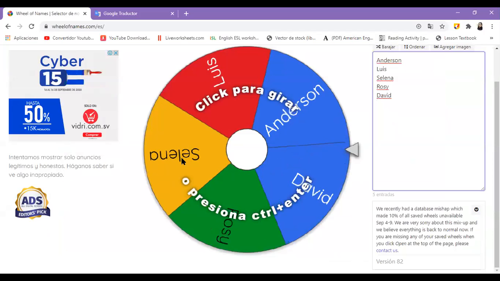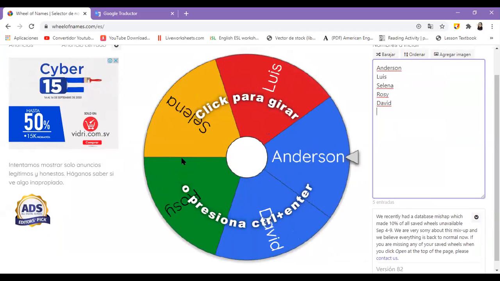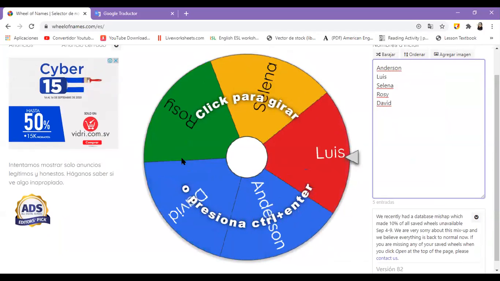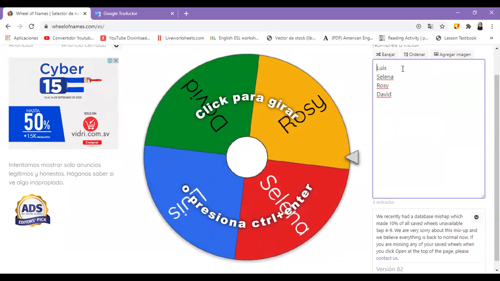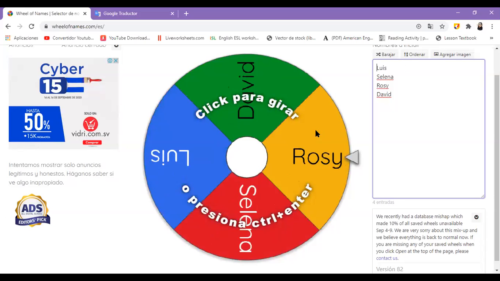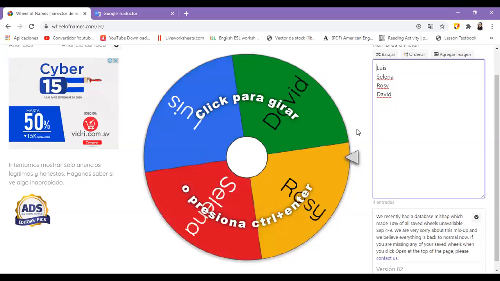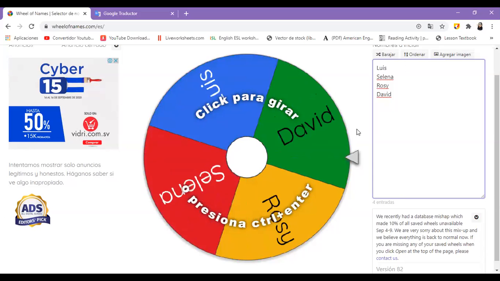We have Luis Anderson, who couldn't connect right now, so he's not going to pass. We have Luis, David, Rosie, and Selena. Okay, so let's see.